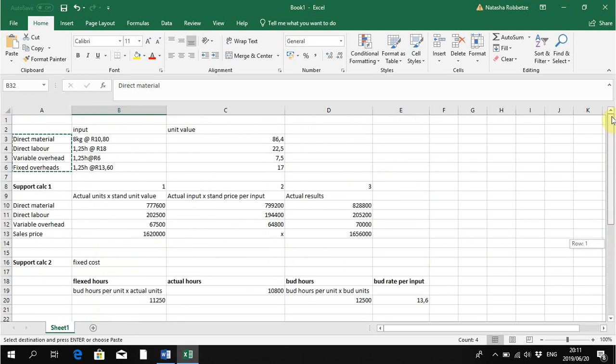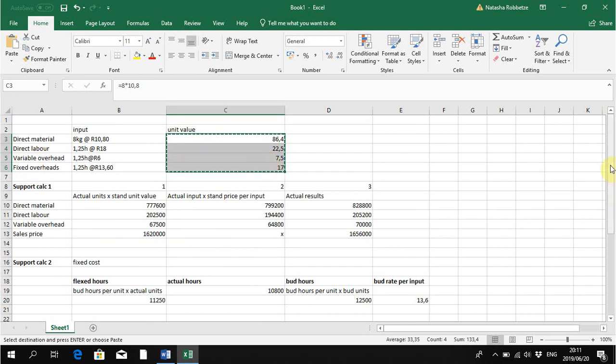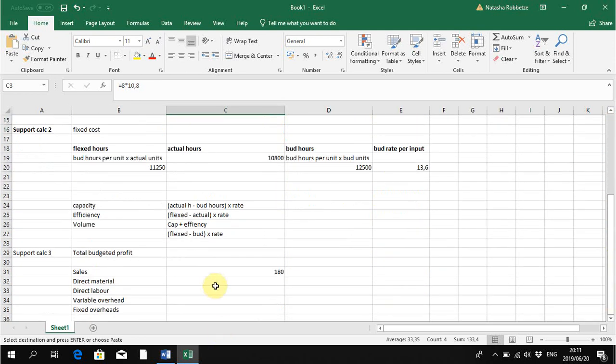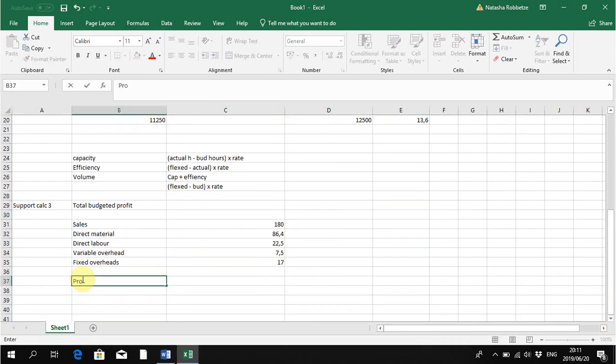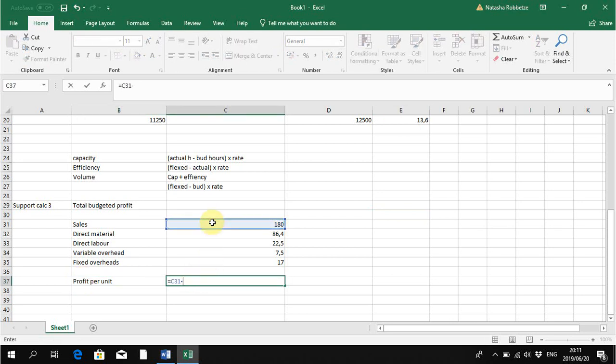And then I'm going to take the unit cost and I'm going to minus it in the support calculation number 3. Right, so my profit will then be per unit the sales price minus all the costs, the direct material, the direct labor, the variable overhead, as well as the fixed overhead.